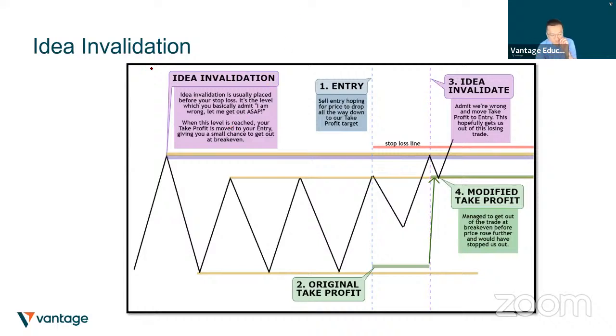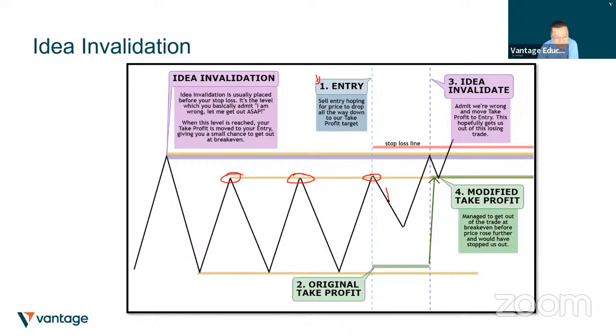Okay, so how we have it here, again, you have your entry level. Where's my mouse? Okay, you've got your entry level here, anticipating that price is going to push up and then turn down. So you're looking for this to turn down because of that resistance level there.